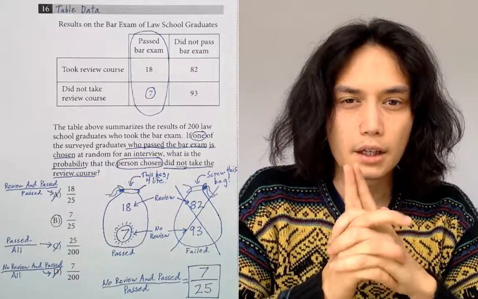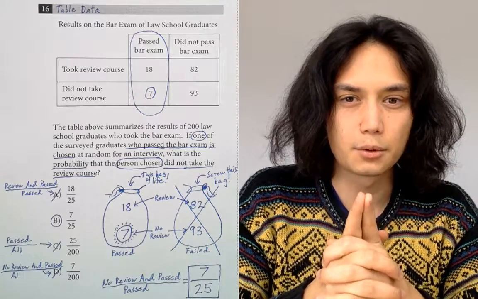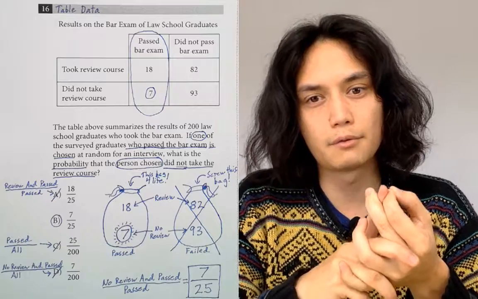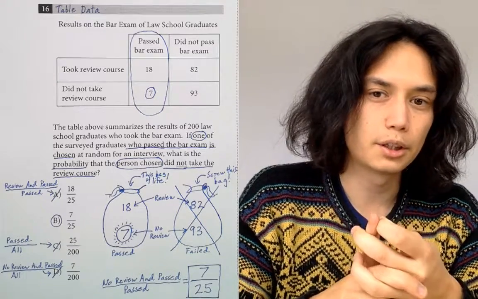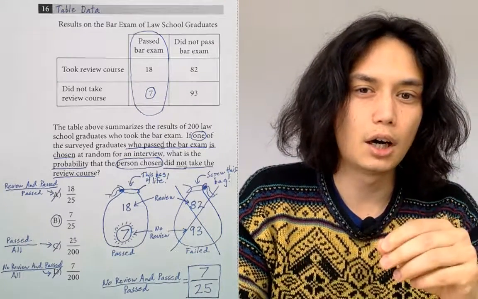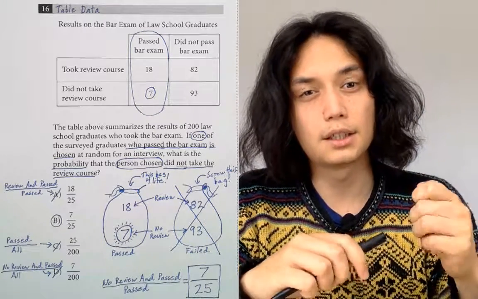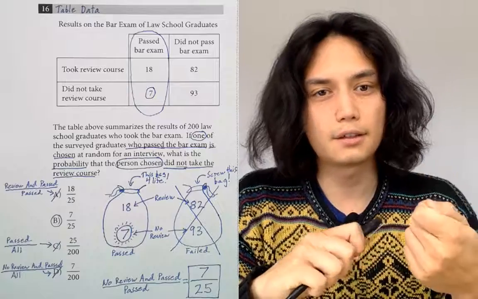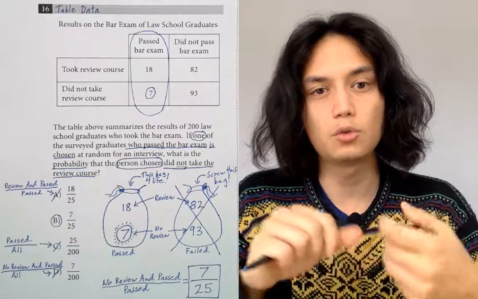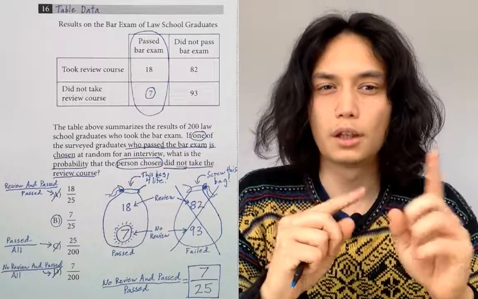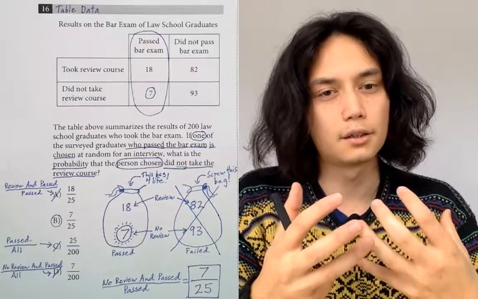All right. If one of the surveyed graduates who passed the bar exam is chosen at random for an interview, what is the probability that the person chosen did not take the review course? Now, a lot of the time, just in English, you can find the part of the sentence that has to do with the bag, or the bottom of this fraction, because it's the one that's related to the choosing at random.